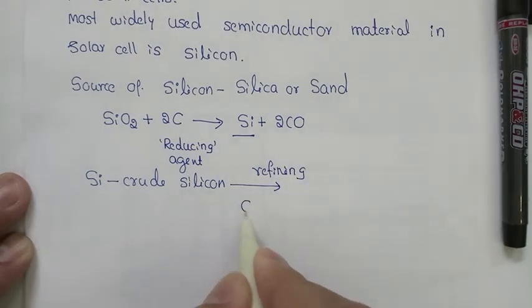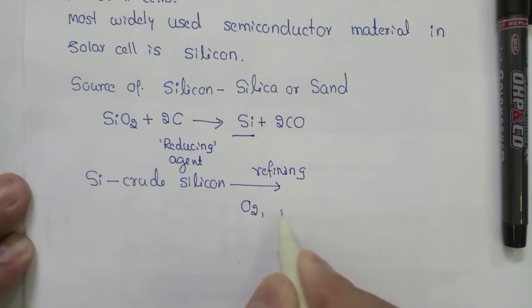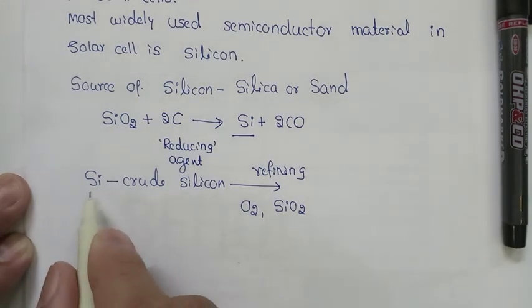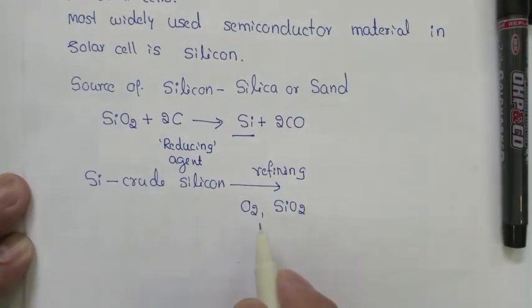So it is treated with oxygen or once again with the sand, silicon dioxide, or with the limestone. The metallic elements in the silicon are oxidized once again to silicon dioxide and it forms slag with silica and limestone.